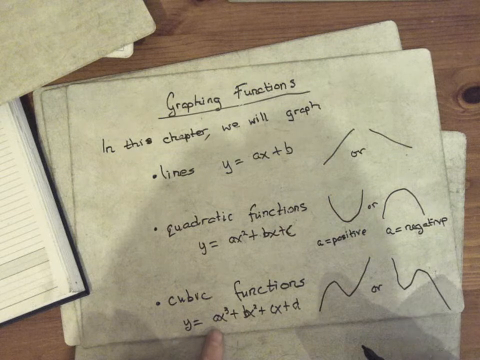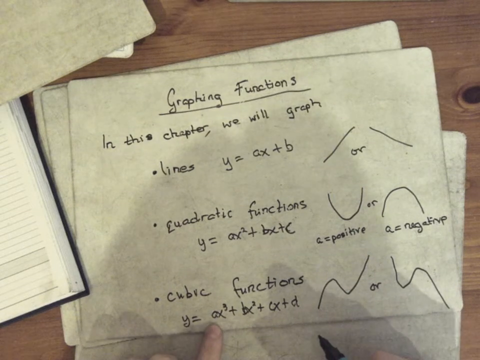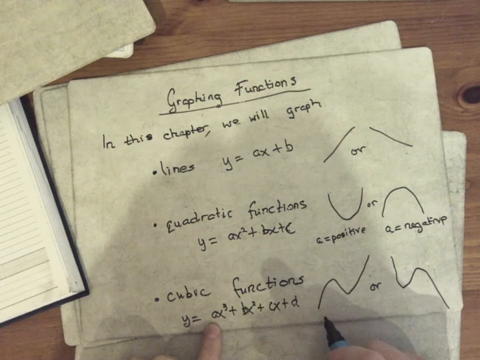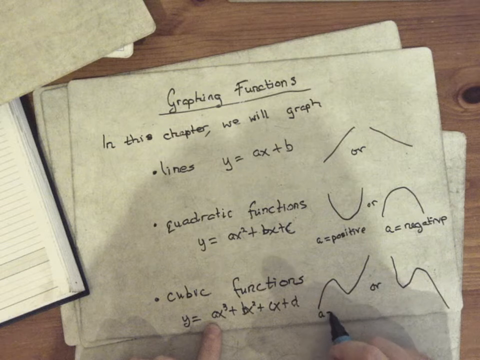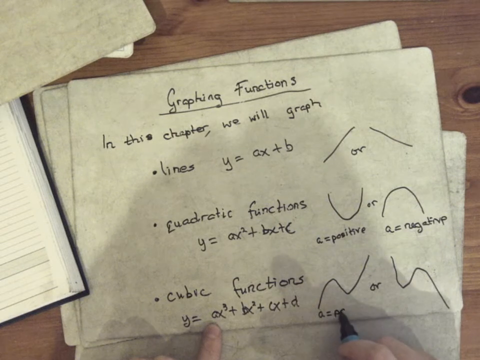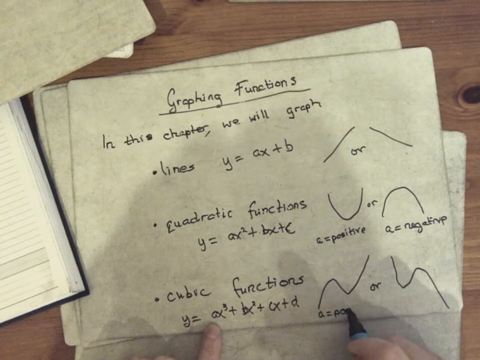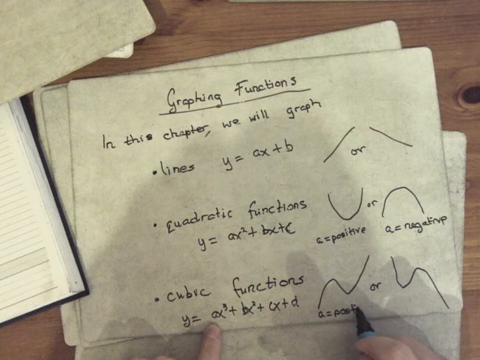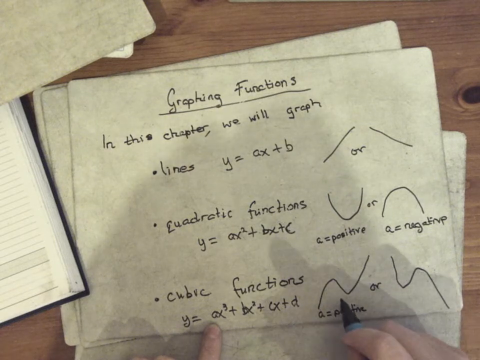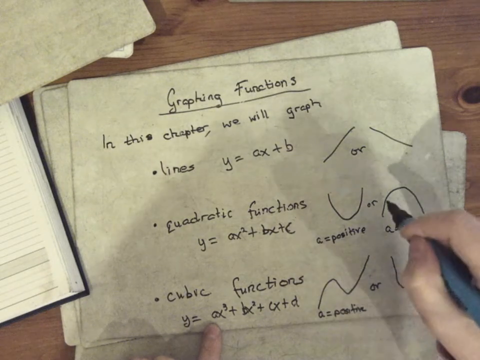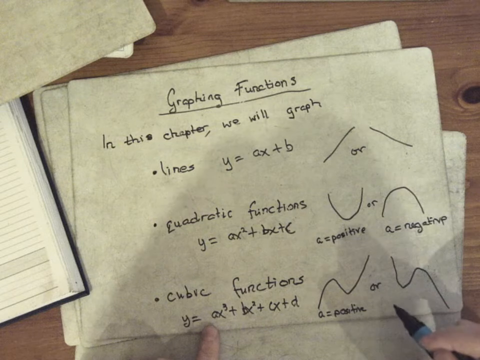And again, it's the number in front of x cubed that tells us. So if a is positive, if this number in front of x cubed is positive, when we're positive, we always finish on a high, so we're going up high, right?